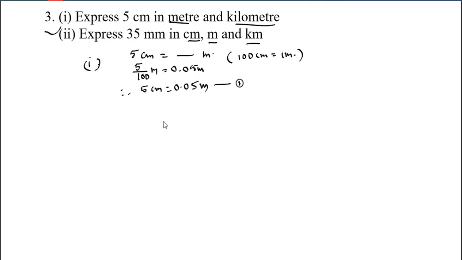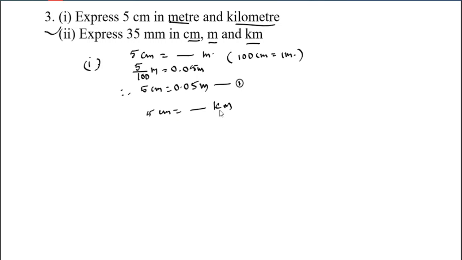Now the second one. 5 centimeters is equal to dash kilometers. So express 5 centimeters in meters and kilometers. In 5 centimeters, how many meters are there? 0.05 meters.